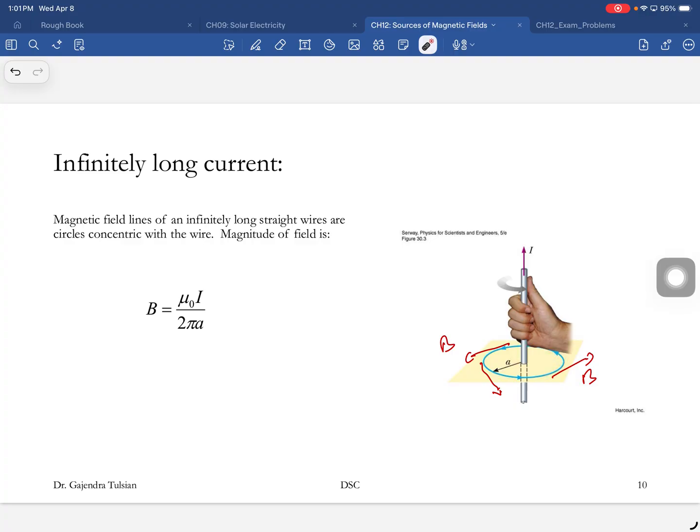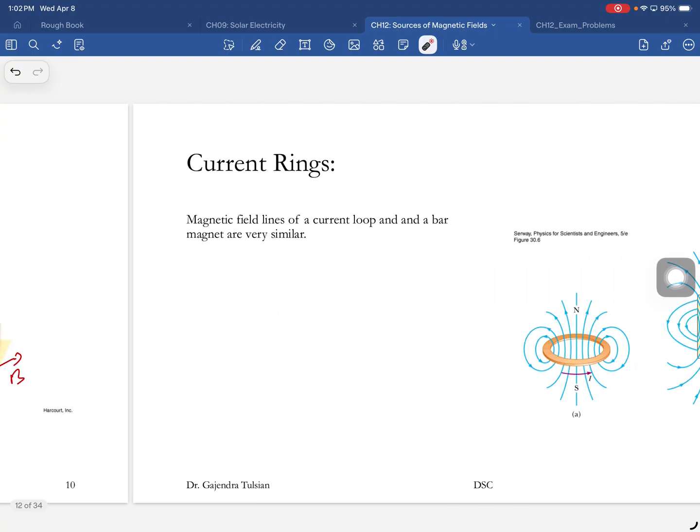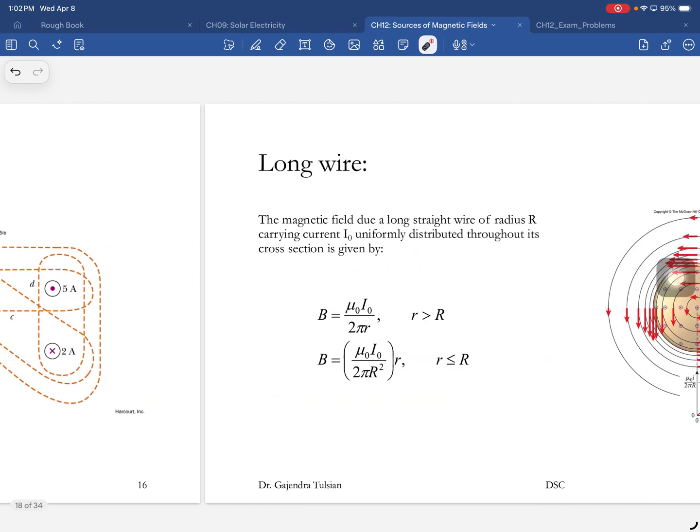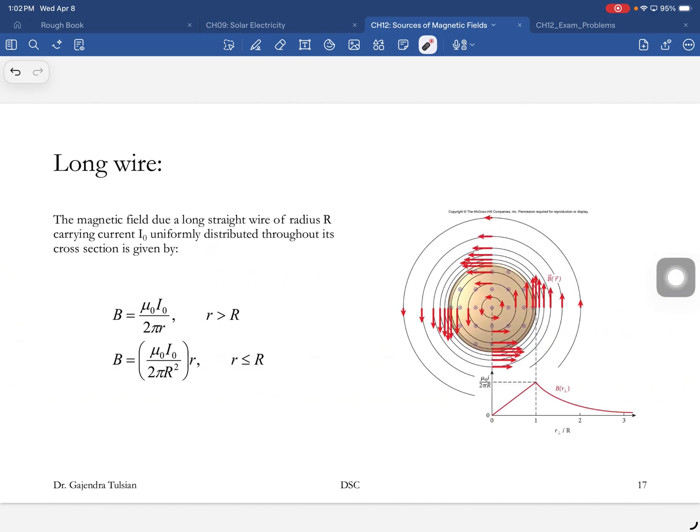It's in concentric circles. Once you're outside the wire, the strength of the magnetic field falls as you go further and further. This is showing you the strength of the magnetic field inside the wire. Here's a cross section of the wire, and they're showing you the current density is uniform. The current is coming out of the sheet.